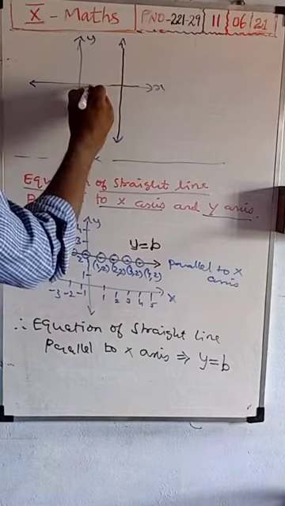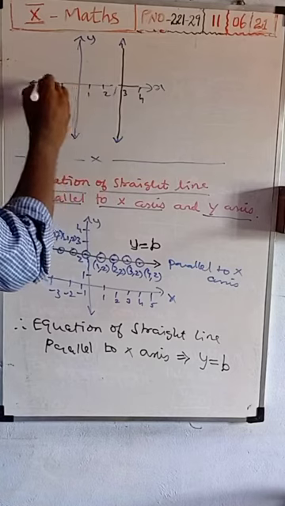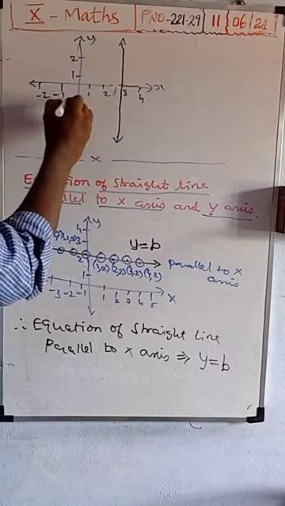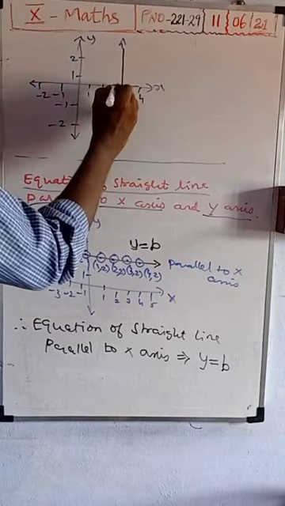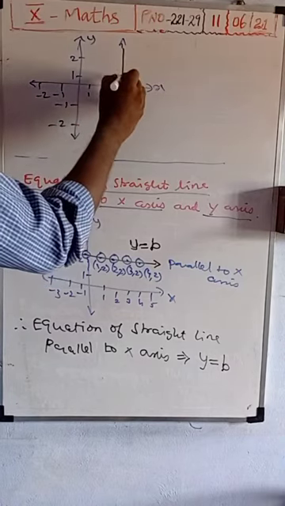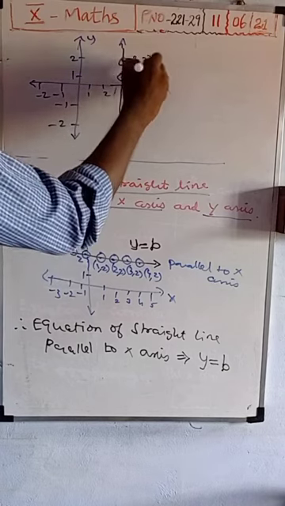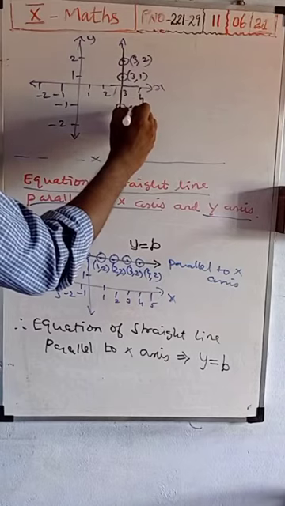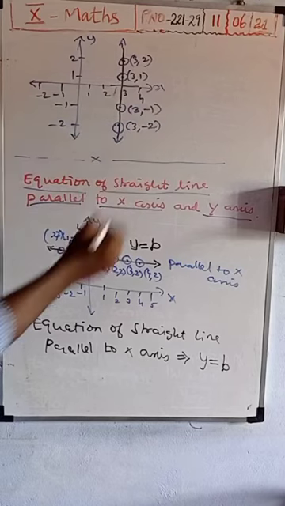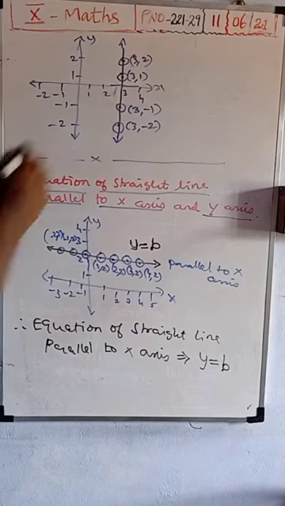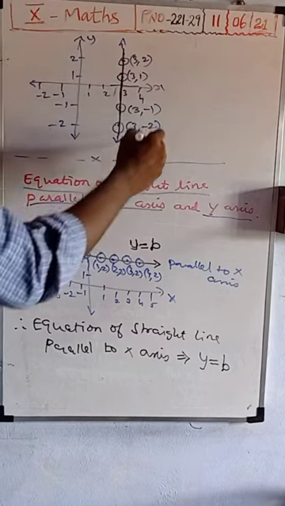Following the same procedure, with points 1, 2, 3, 4 and -1, -2, here the x point is 3, so we get 3 comma 1, 3 comma 2, 3 comma -1, 3 comma -2. You see here something does not change. The x value does not change; the y point alone changes.